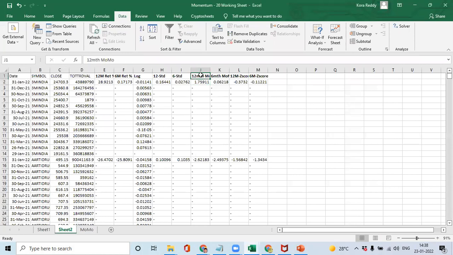So I call that a 12-month price ratio or 12 months movement. I do it for 6 months as well. 6 months price change divided by 6 months standard deviation. Simple, right? Nothing complex.